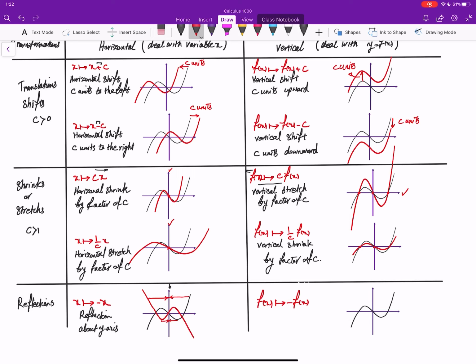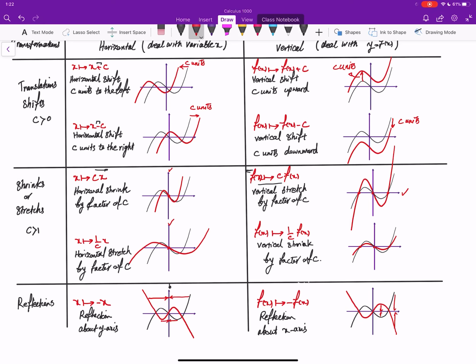And for the other one, also you have a reflection about the x-axis. So the mirror is the x-axis, and then we have the mirror image down there. So mirror image up there, and let me just do this by hand again.